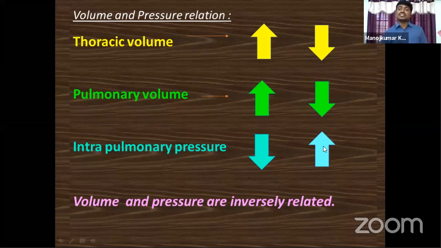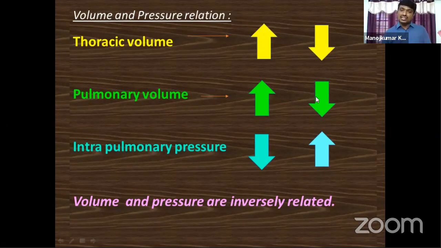It increases. So as the volume increases, the pressure decreases. As the volume decreases, the pressure increases. So this is the relation between volume and pressure. Volume and pressure are inversely related. They are not directly related.